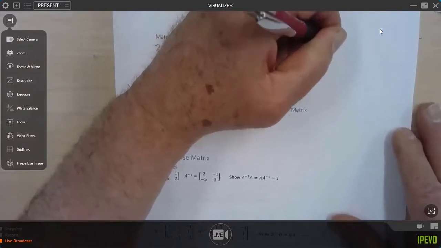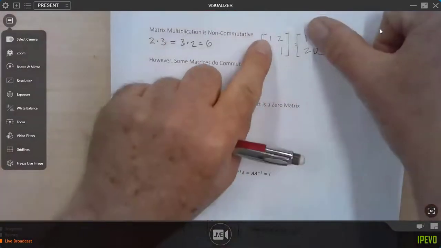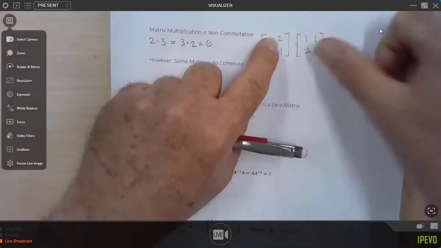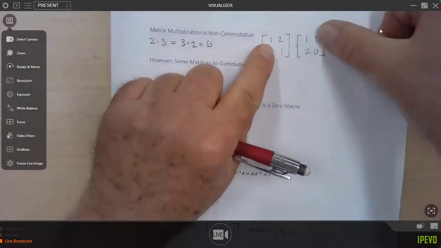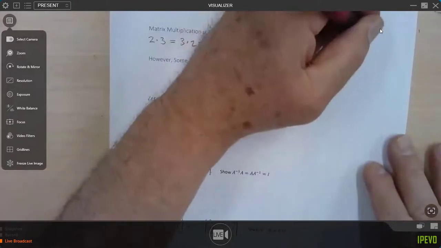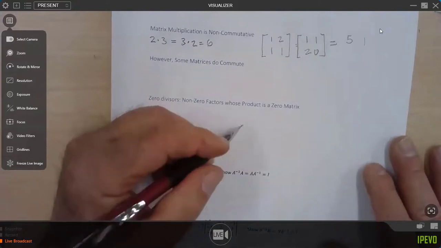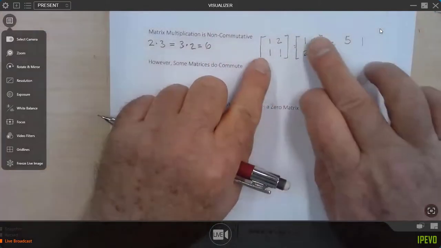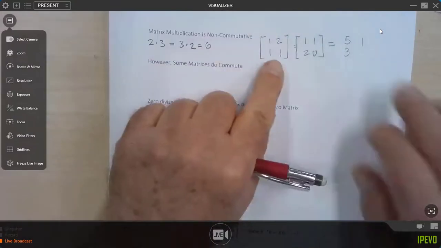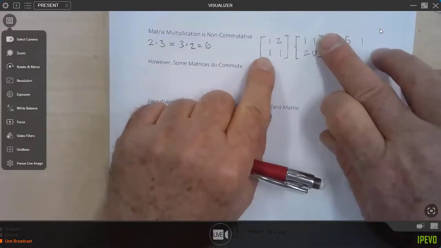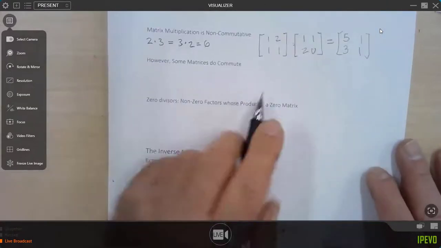How about this? So let's take this product. I'm going to get what? 1 plus 4, 5. And then take this product, 1 plus 0, 1. Then I'm going to get 1 plus 2, 3. And 1 plus 0, 1. Okay, that's putting them in this order.